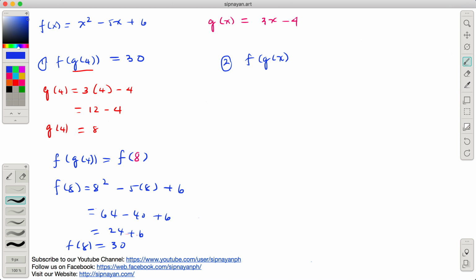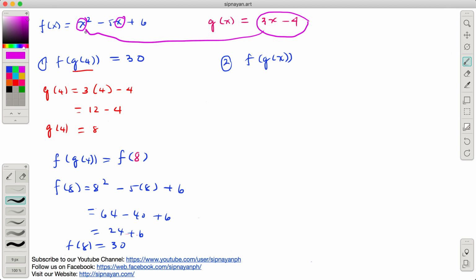Okay, what about f of g of x? So notice na yung g of x ay nasa loob, meaning itong g of x natin yun na magiging input natin. Papalitan natin ng 3x minus 4 lahat ng x dito. So lahat ng x dito, papalitan natin yan ng g of x, which is 3x minus 4.